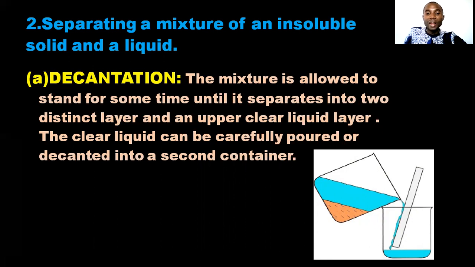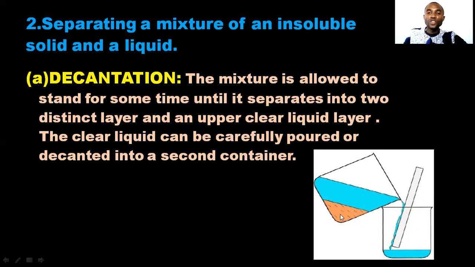Then the clear liquid can be carefully poured and decanted into a second container. As you can see here, this is the solute, a solid that is not soluble in the solvent, and this is the solvent on top. You can just decant it, pouring out this liquid. At the end, you get this back.